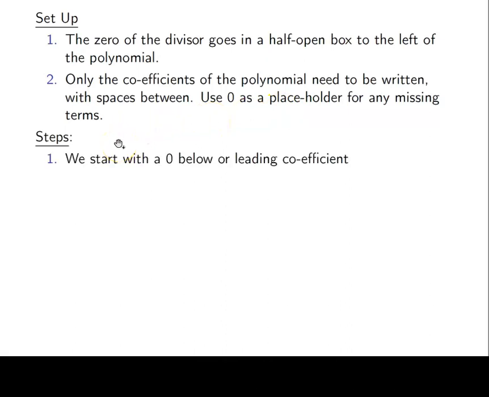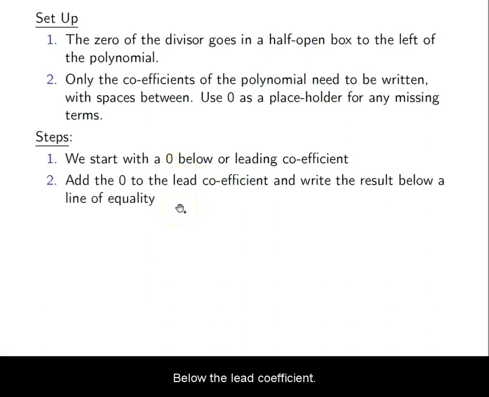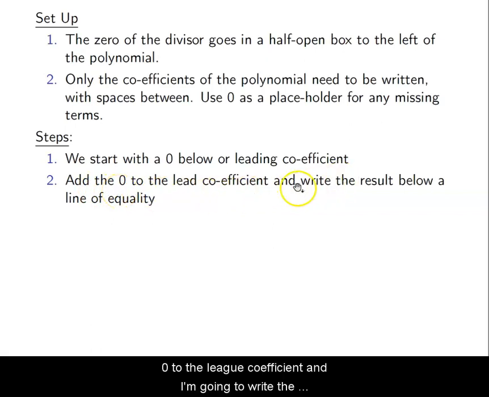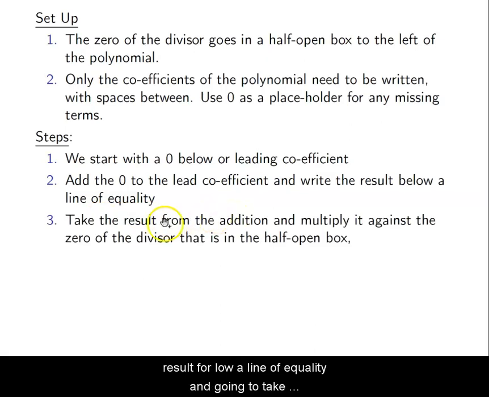So the steps are, I start with drawing a 0 below the lead coefficient. I'm going to add 0 to the lead coefficient, and I'm going to write the result below a line of equality. I'm going to take that result, and I'm going to multiply it against the value that is in that half open box.